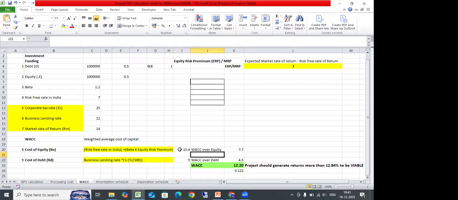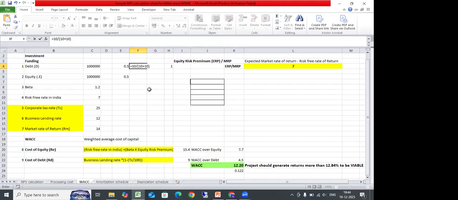What we do is calculate the WACC, the weighted average. What is the weighted average? 10 divided by 10 of equity plus 10 of debt. So total funding is 20, no?